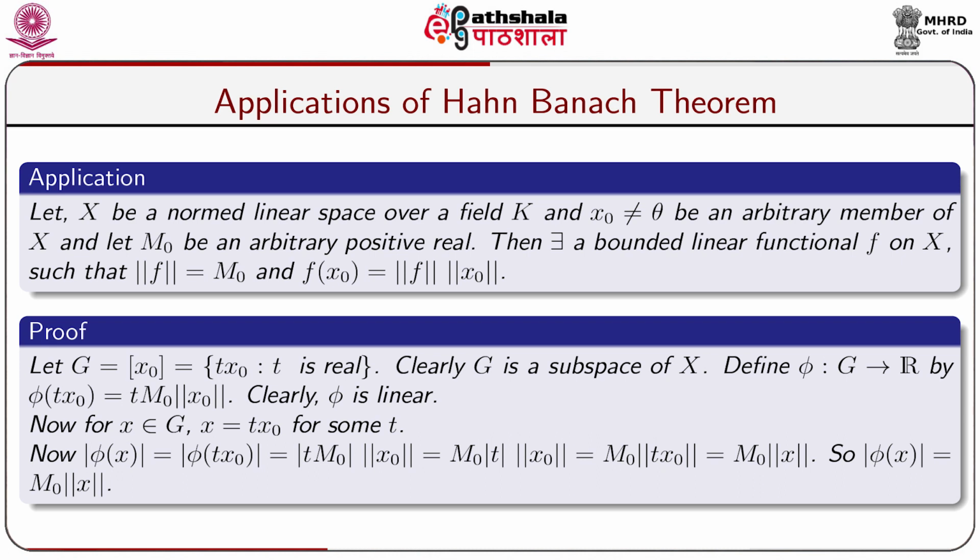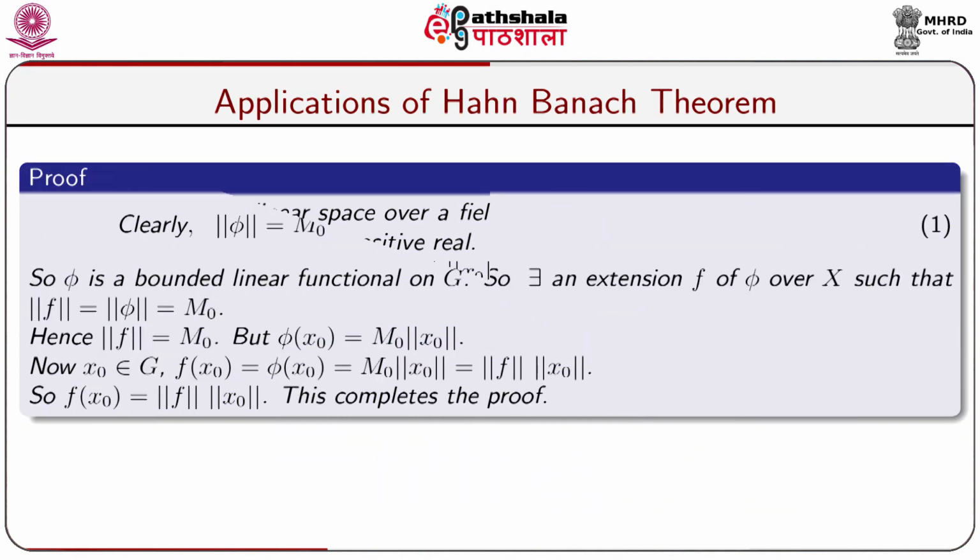So, it is equal to m naught into norm of x, because x is equal to t x naught. Thus we get modulus of phi x is equal to m naught into norm of x. So, clearly norm of phi is equal to m naught.